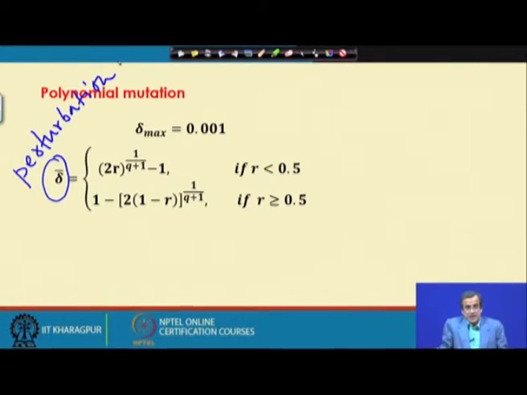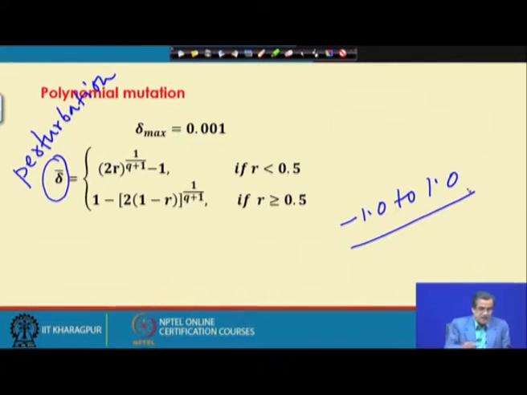So, I will have to find out the dissimilarity factor value, whose value will lie in the range of minus 1.0 to plus 1.0 in the normalized scale, and this factor is going to tell us how dissimilar the mutated solution will be in comparison with the original parent solution. That I am going to discuss, how to implement.